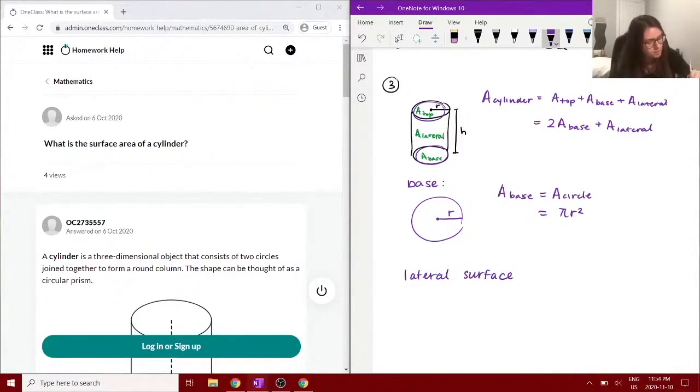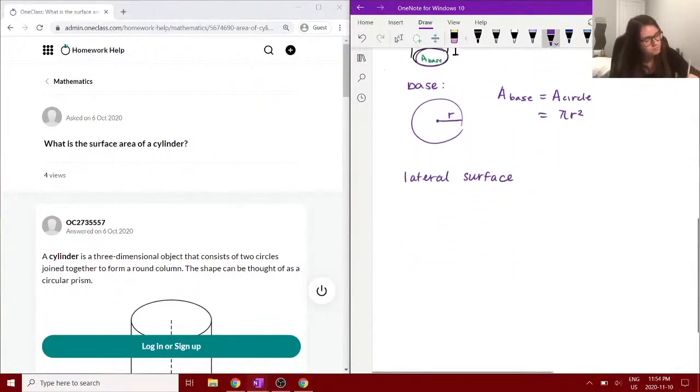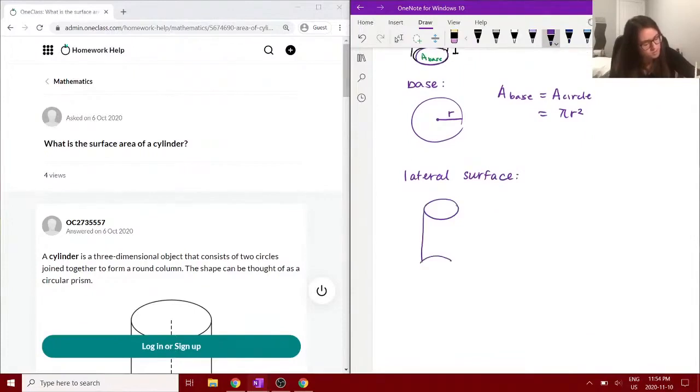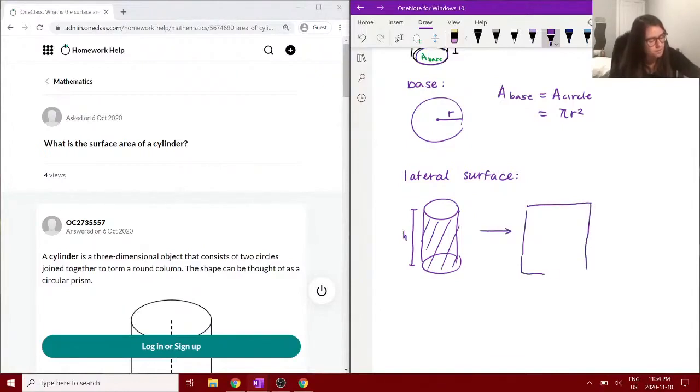If we imagine this cylinder without the top and bottom, kind of like a hollow tube, we can imagine unrolling the shape. When we unroll it, we get a rectangle.